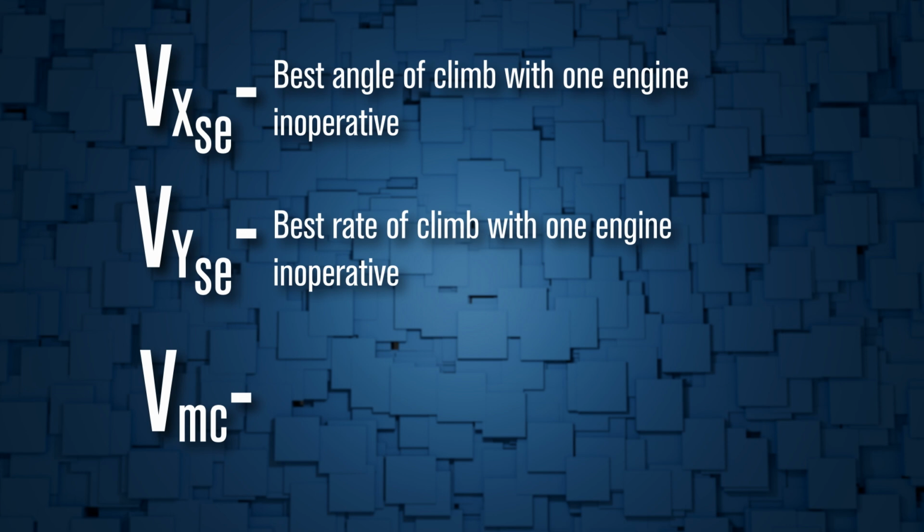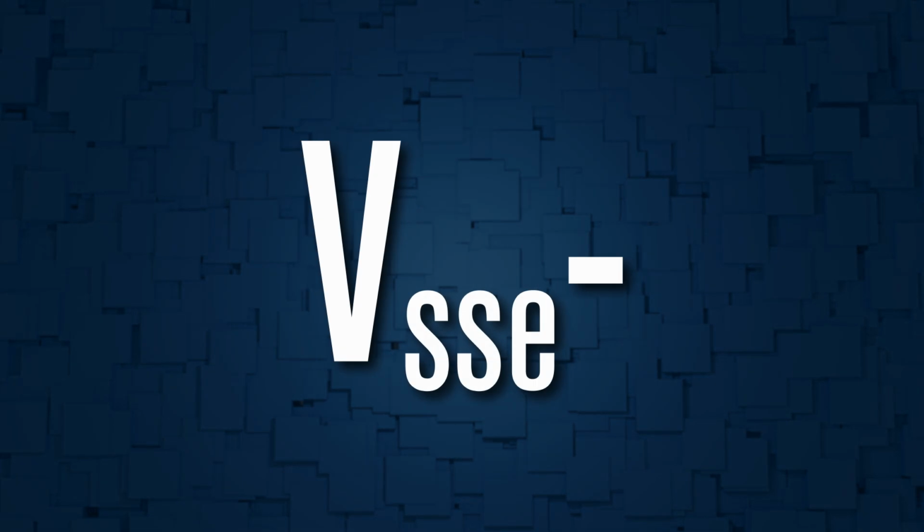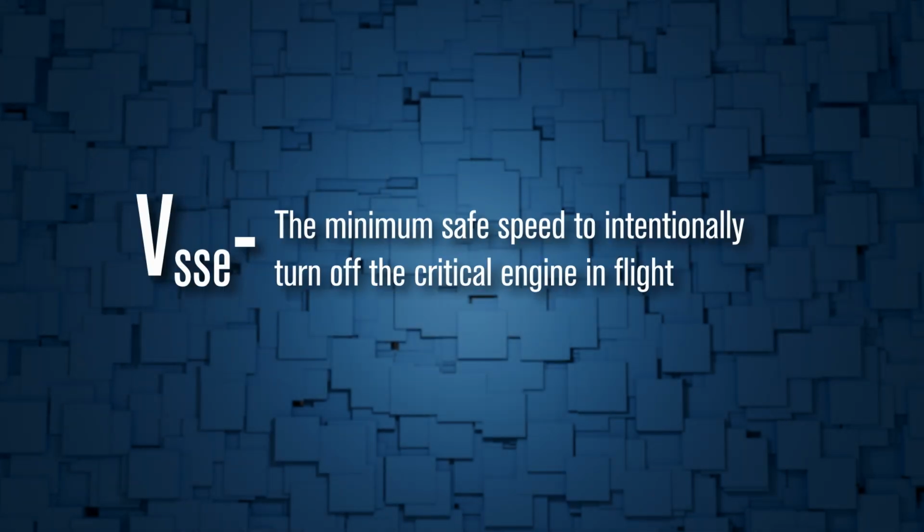VMC, under 14 CFR Part 23, this is the calibrated airspeed at which, following a sudden critical loss of thrust, it is possible to maintain control of the airplane. Simply put, the minimum airspeed at which the pilot can maintain directional control after an engine becomes inoperative. More on this later. VSSE, the minimum safe speed to intentionally turn off the critical engine in flight.